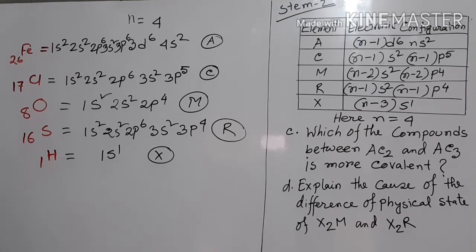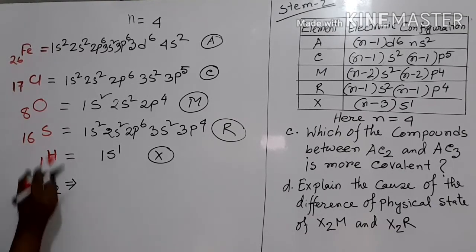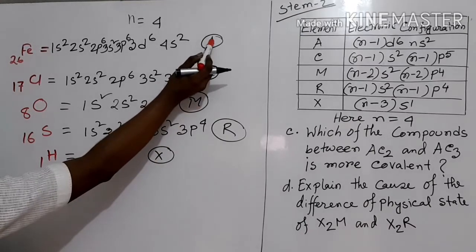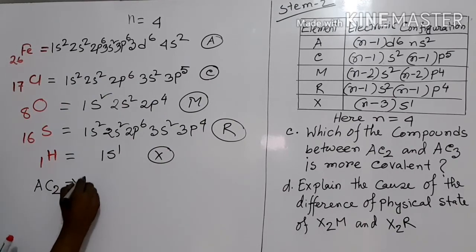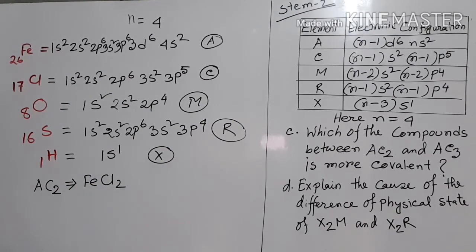So now we can easily say about the given compounds. What is AC2? This one is A and this one is C, iron and chlorine. So this one is ferrous chloride, FeCl2.